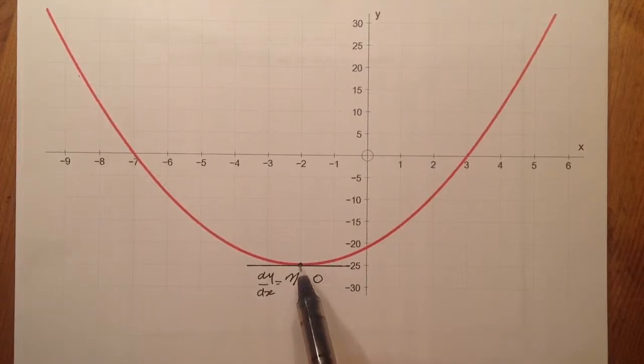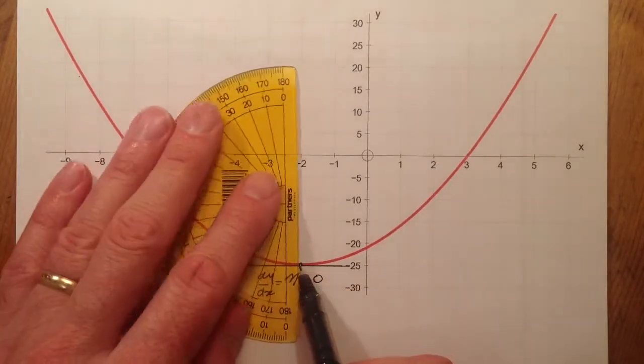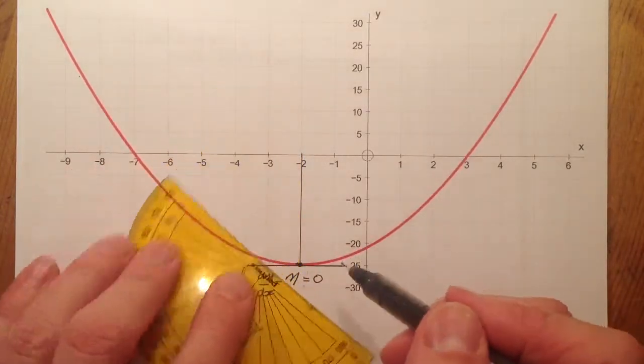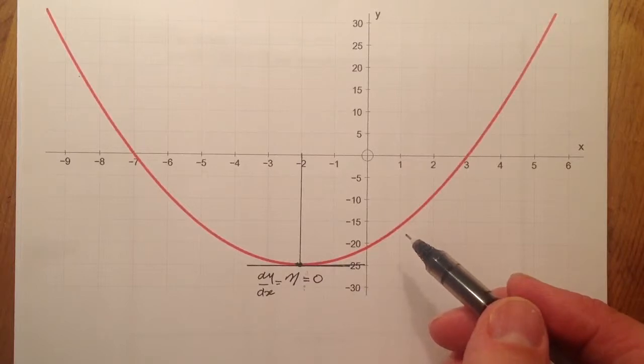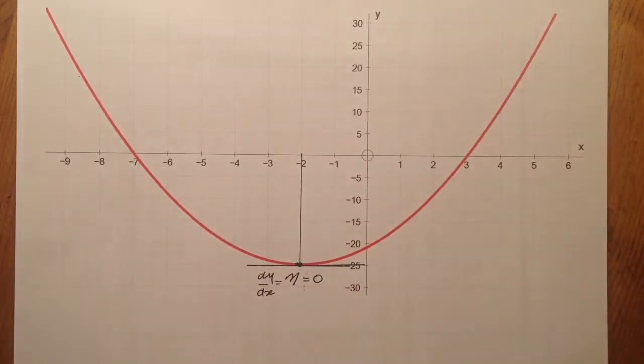Once I find the x coordinate, I'll then find the y coordinate. From there, I'll create a nature table, and from the nature table I'll be able to tell the shape of the graph, and that will justify it. Finally, I'll make a conclusion on what I've been doing.